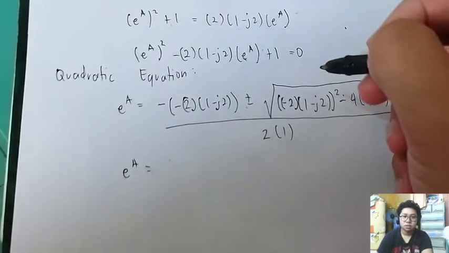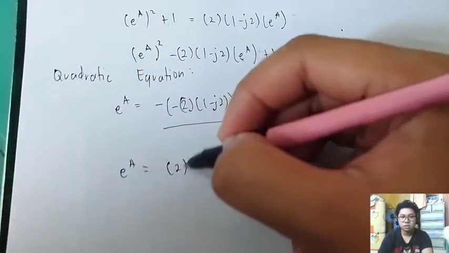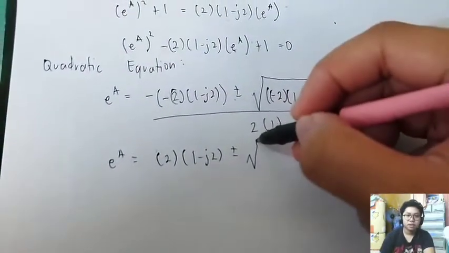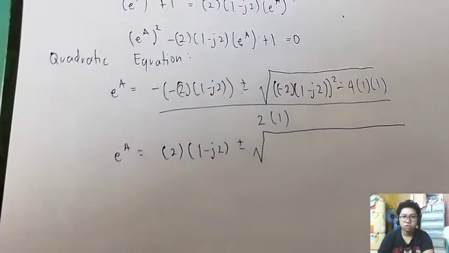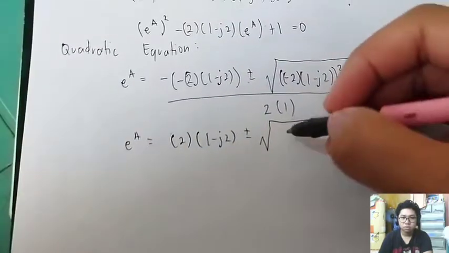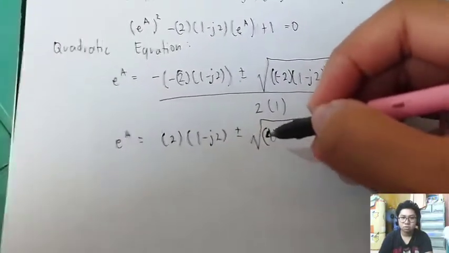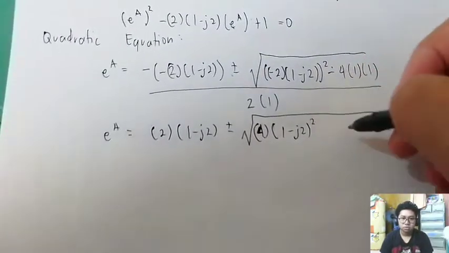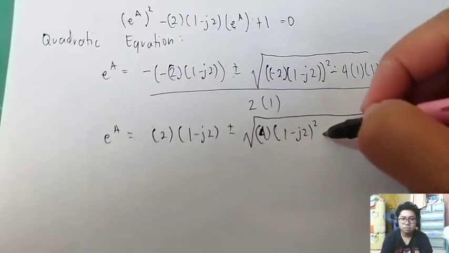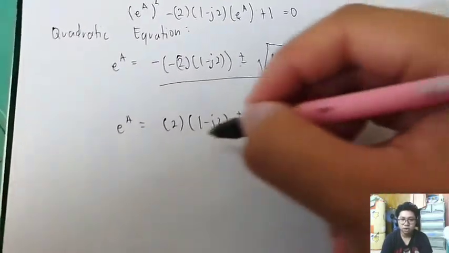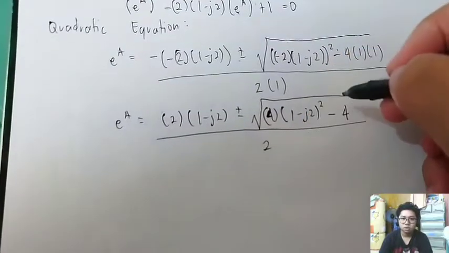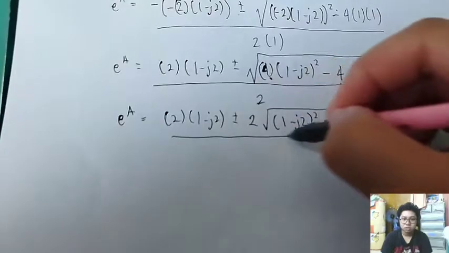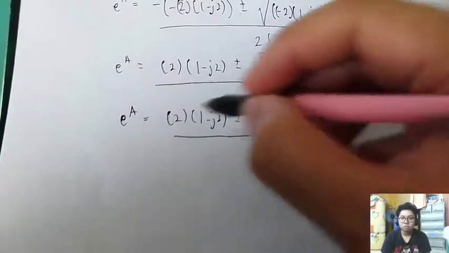Then we will simplify, that is positive 2 times 1 minus j2 plus minus the square root. We will distribute the power, that is 2 squared, that is 4, and 1 minus j2 squared and minus 4 all over 2a j2 squared minus 1.